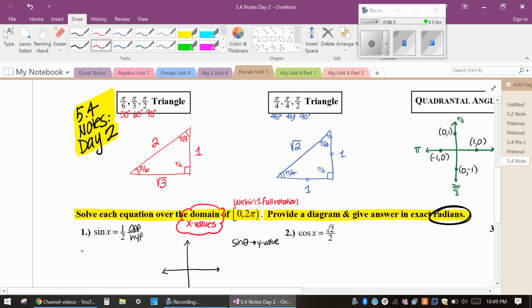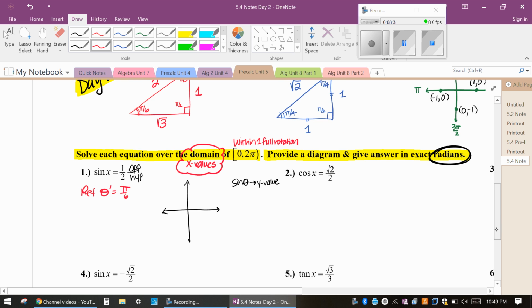So reference angle is pi over 6. Remember that sine is positive in quadrants 1 and 2. So pi over 6 here as a reference angle.